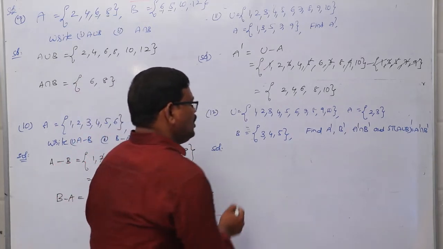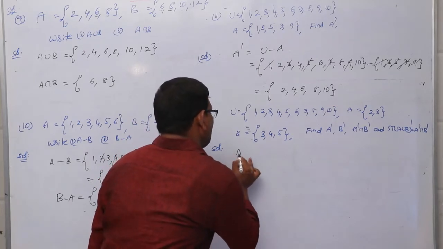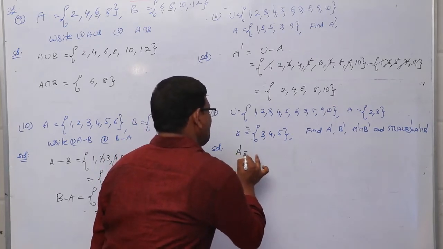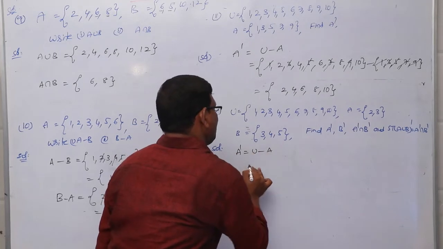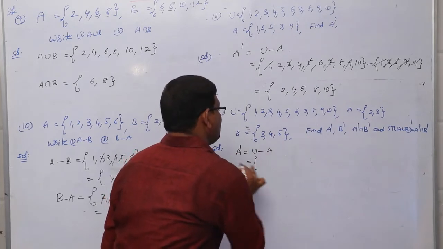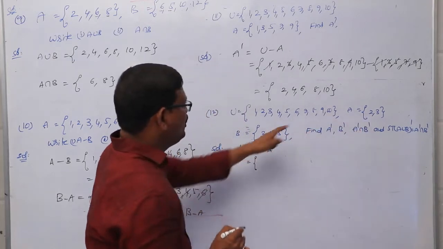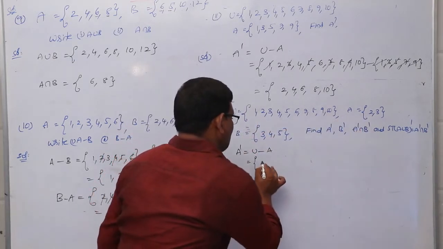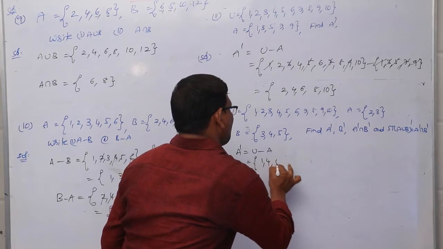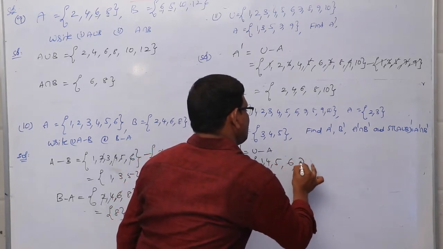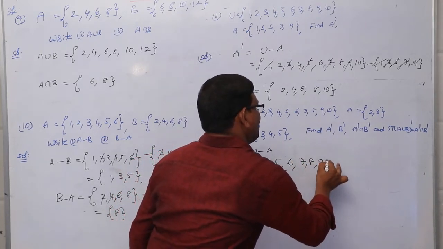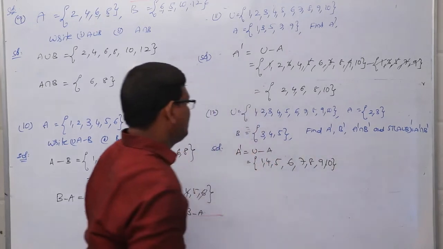First, A dash equals U minus A. We should eliminate 2, 3. The numbers are 1, 4, 5, 6, 7, 8, 9, 10.